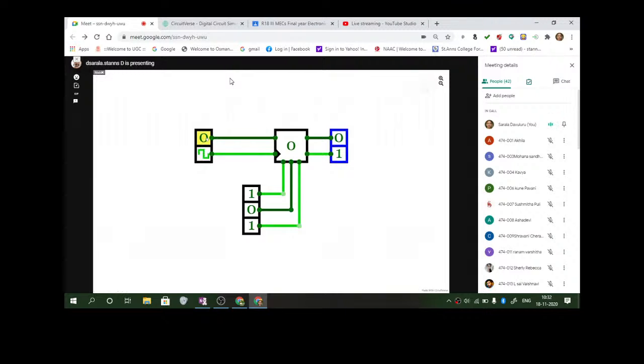Clock is also set to 1, but this information is not being conveyed to the output. So the information is getting blocked. The input is inhibited from reaching the output. So it is used as a memory element because it is reset. Since it is reset, even if you try setting, it won't go there. It's always 0 and 1.